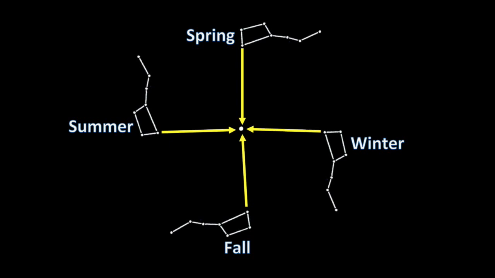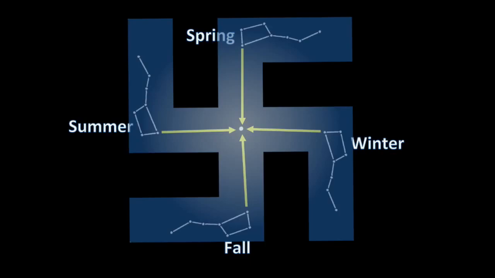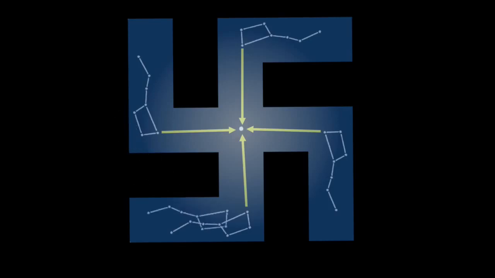You might know it as the swastika, but what it really means is the 4 seasons, because if you were to look at the Big Dipper throughout the year, this is what it's going to look like. Constantly pointing to the North Star, which never moves. So you got your spring, summer, fall, and winter. Unbelievable stuff. And it never stops. It just rotates around.